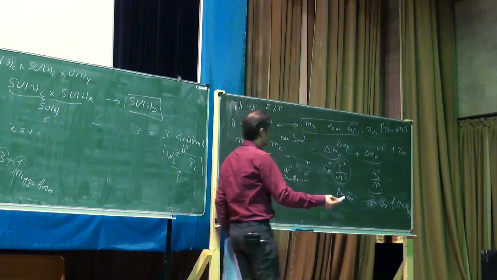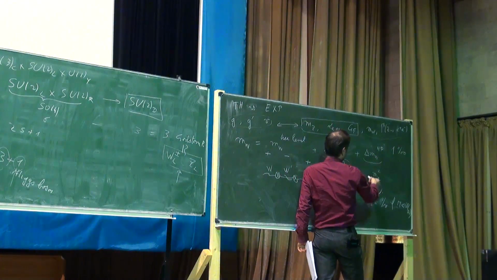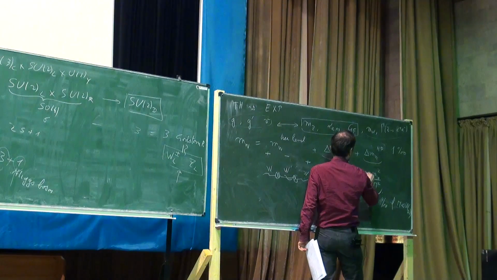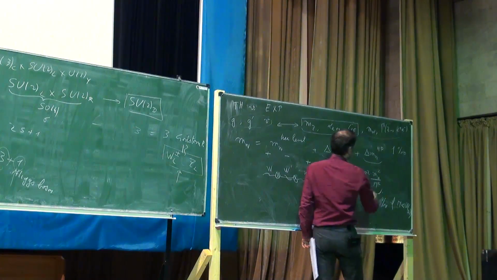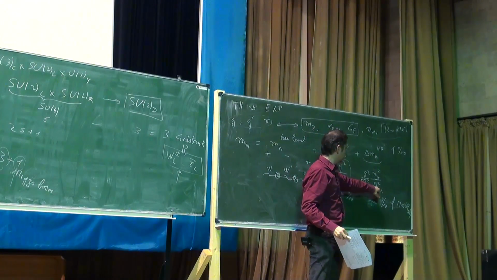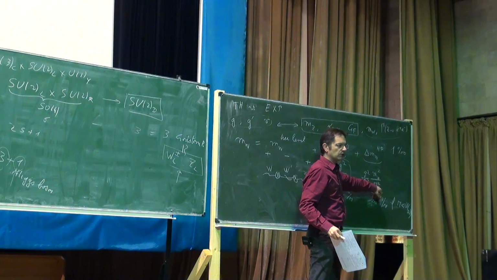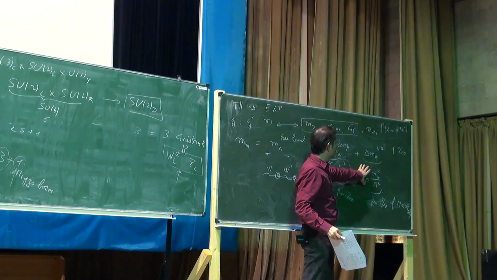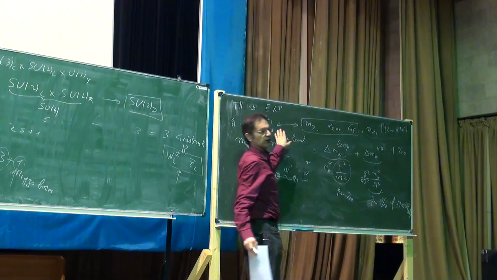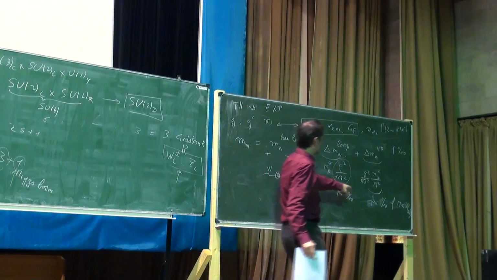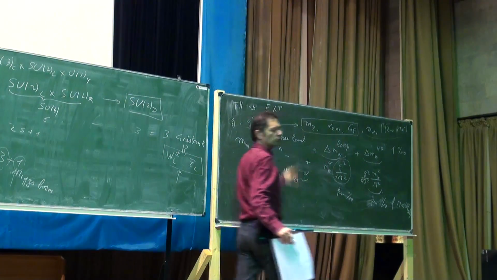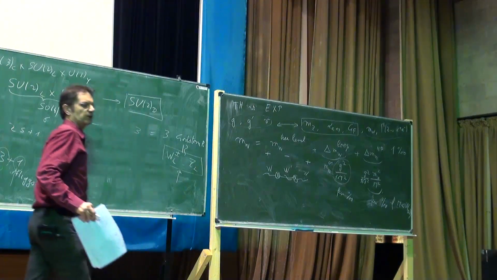And in this case, you could have some loop factor suppression in front of this new physics contribution. So this is telling you that you can have new physics particles at a much lower scale without giving trouble with electroweak precision data. You can lower the scale without giving too large a contribution to the electroweak observables.